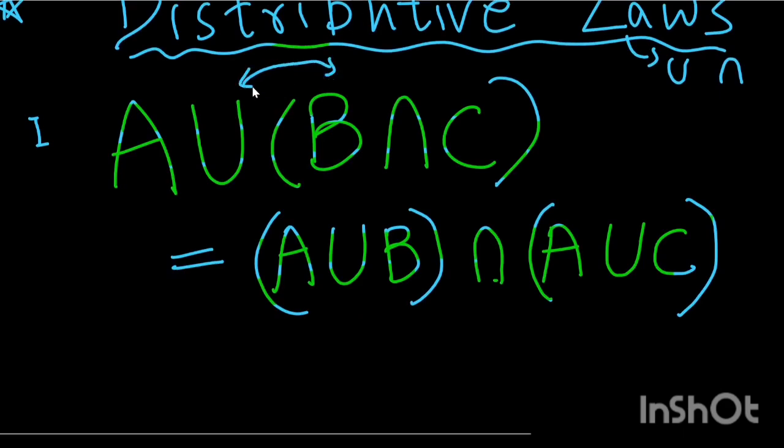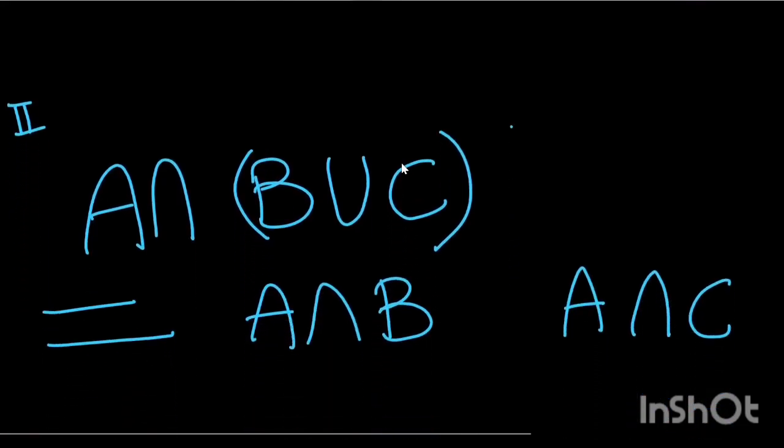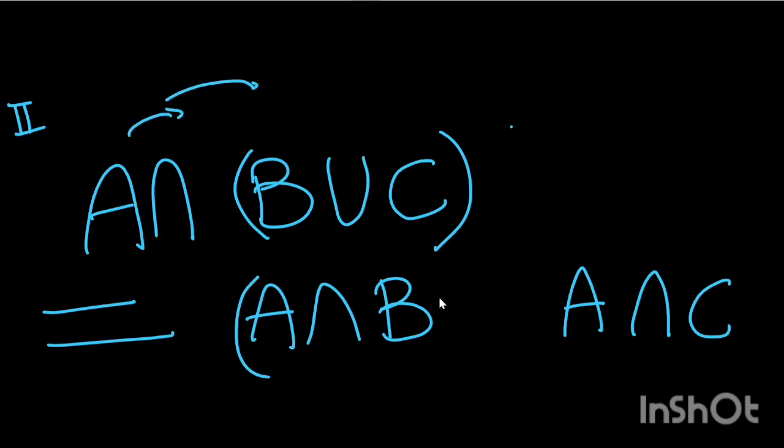In a similar way, if I replace union and intersection, it will give the second distributive law, which is this, guys: A intersection B union C. You might have understood by now that distributing A intersection in B as well as in C gives us A intersection B and A intersection C. This is the distribution of intersection in B union C. Now in between, whatever sign is there between B and C, that sign will come here.